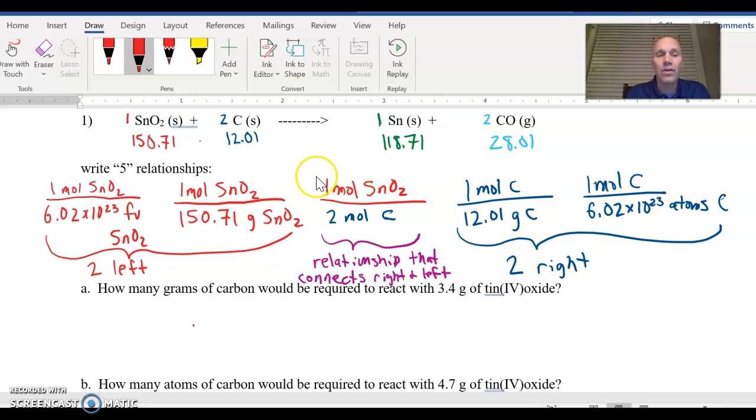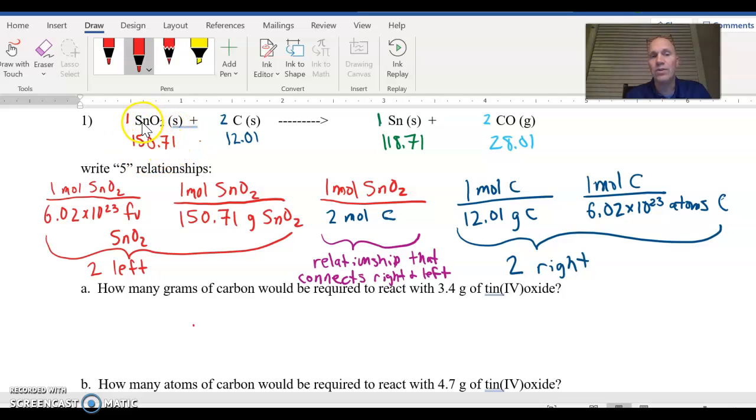The other relationship that is part of the 2 is how much that many units would weigh. So let's say that you had 6.02 times 10 to the 23rd formula units of SnO2. Its mass would be 150.71 grams. And where do we get that number right there? That is simply the molar mass.